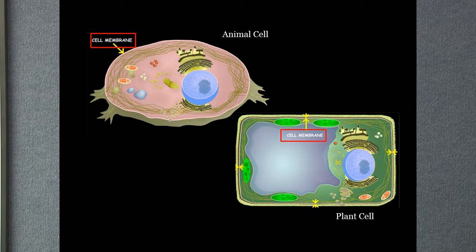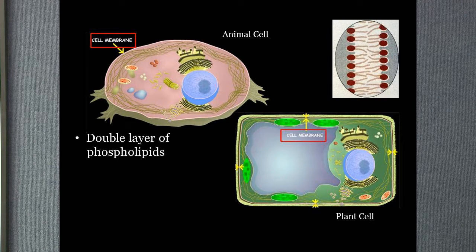And we can see those membranes in both of these cases are double layer phospholipids. This is one phospholipid right here, and there's a part that likes water on the outside and a part that doesn't like water on the inside. And that makes these guys want to line up like this. So you have two layers in both the cells of plants and animals.